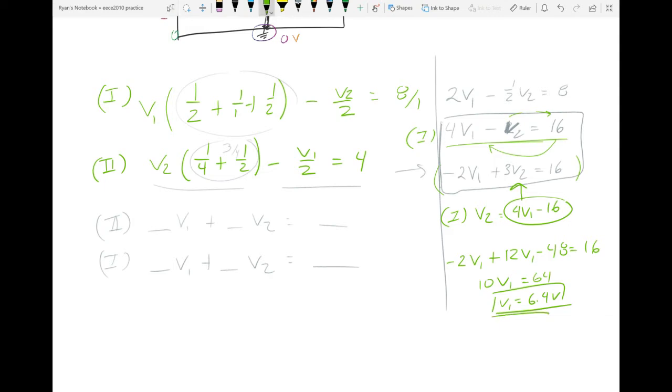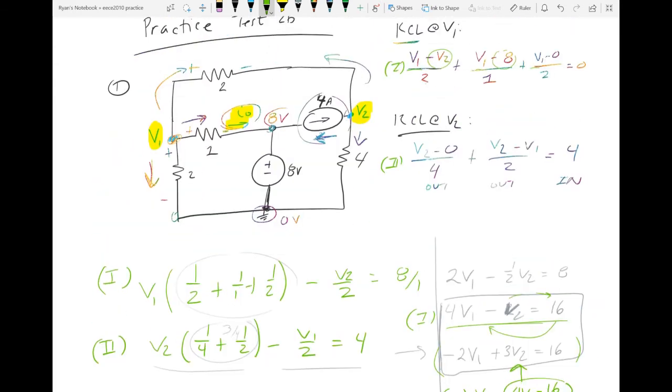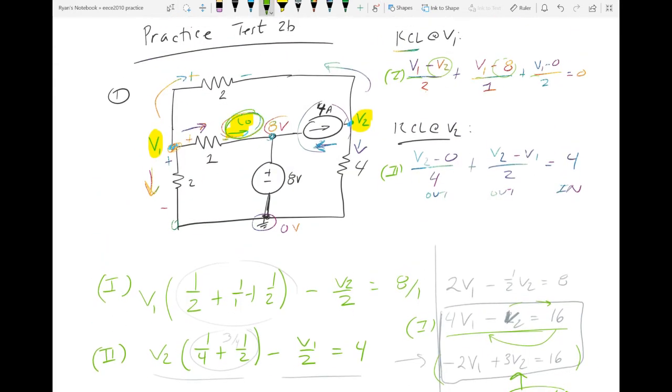But once you have this, you can then say v2 would be equal to, you have this equation right here, it would be 4 times 6.4 minus 16, whatever that is. And then finally, the last thing you need to do is solve for I/O, right? So I/O is the current here through this resistor, so it's going to be plus to minus.